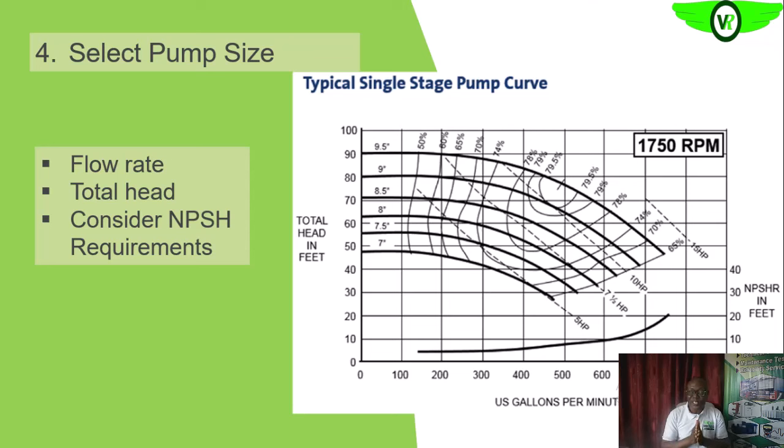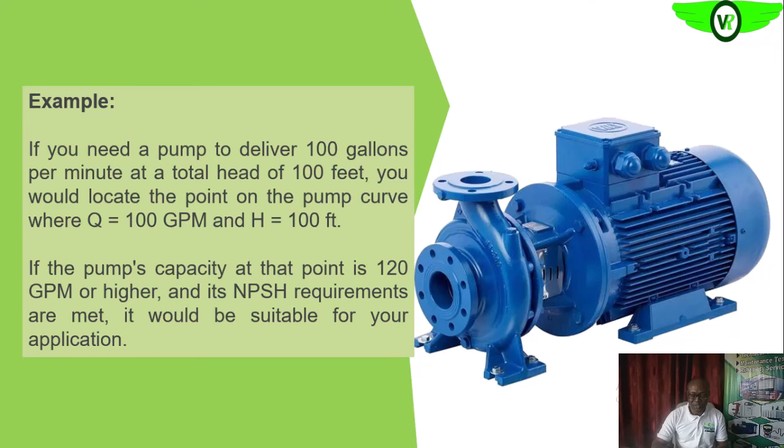So the closest pump to that point, in horsepower, will be what you select. Then finally, you look at the net positive suction head of the pump that you have selected. It must be above the vapor pressure of the liquid that you want to pump, so that you avoid cavitation in the course of your normal operation.